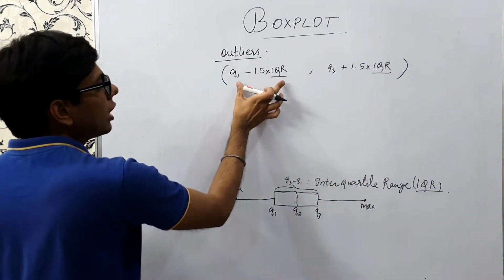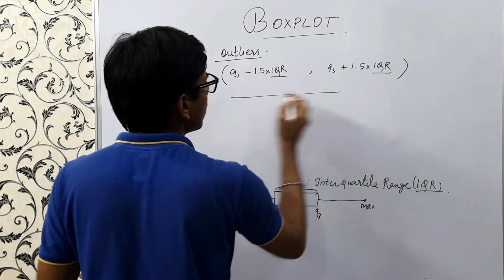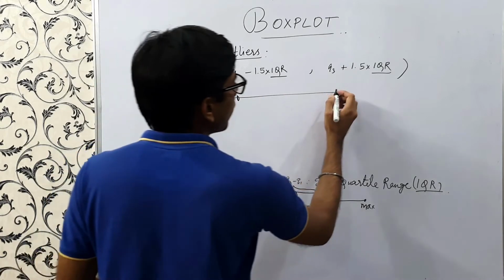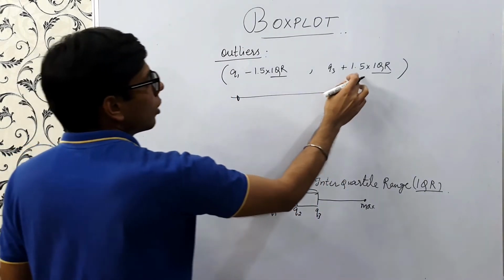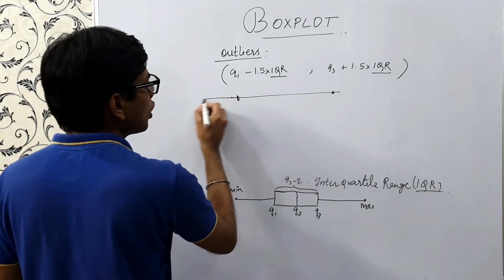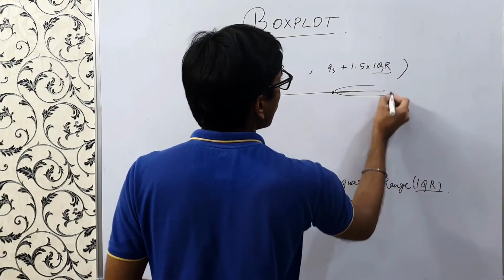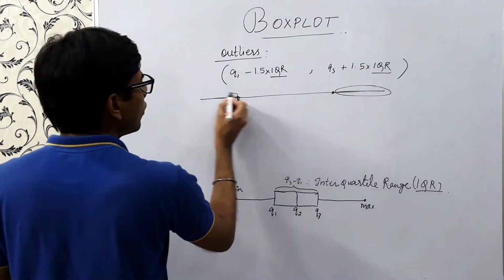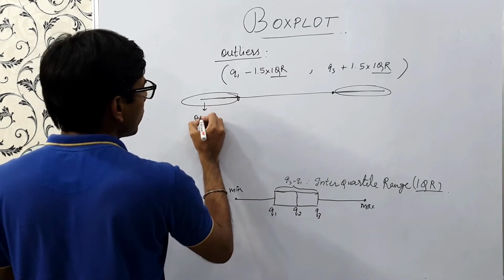So if any of the observation is, so suppose this is Q1 minus 1.5 IQR, this Q3 plus 1.5 into IQR. So if any observation is out of these bounds, so if any observation is greater than this value, Q3 plus 1.5 into IQR, and if any value is less than this value, then it turns out to be outlier.